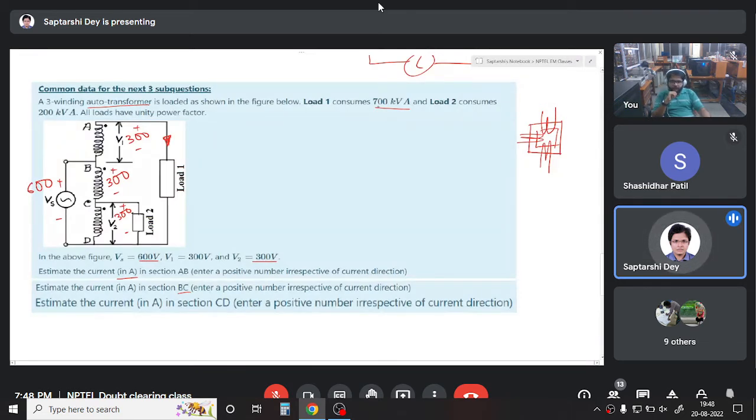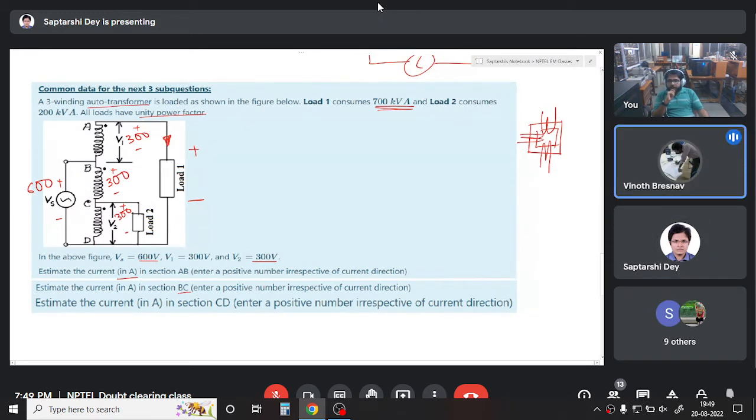See, load 1 consumes 700 kVA, right? And it is at unity power factor. What is the voltage across load 1? Yes, sir. 600 only, sir. 600, how do we get 600?